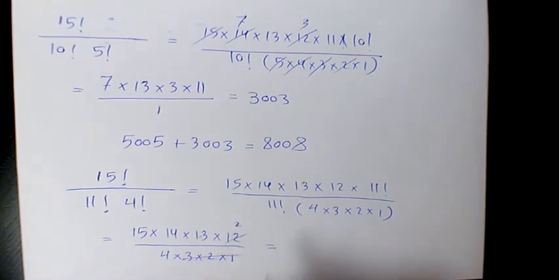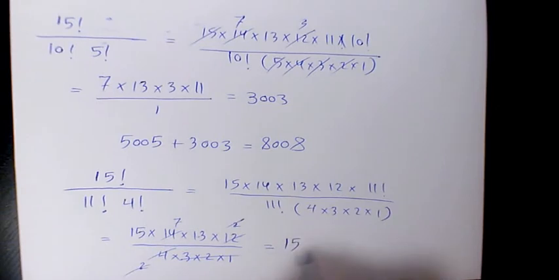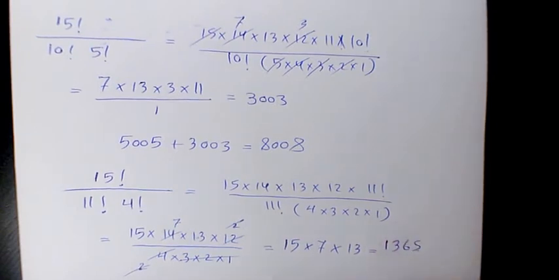With 12 cancel out is going to be 2. 2 and 4 cancel out is going to be 2. 2 with 14 is going to leave me 7. It's going to be 15 times 7 times 13, which is 1365.